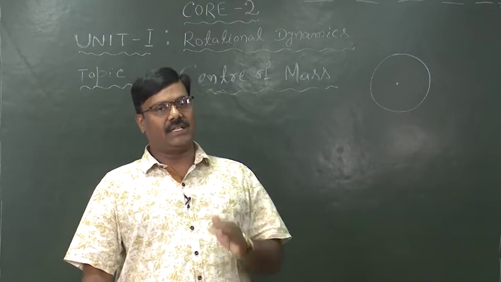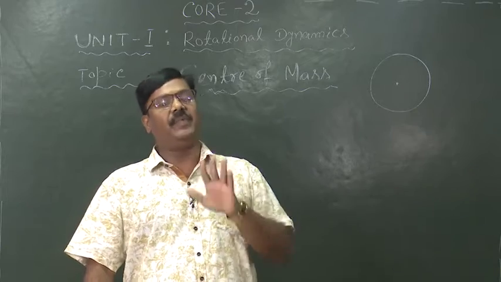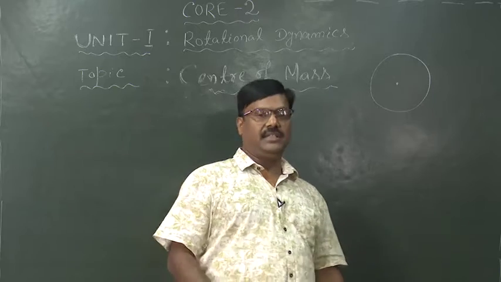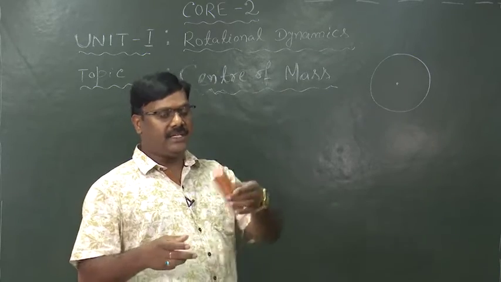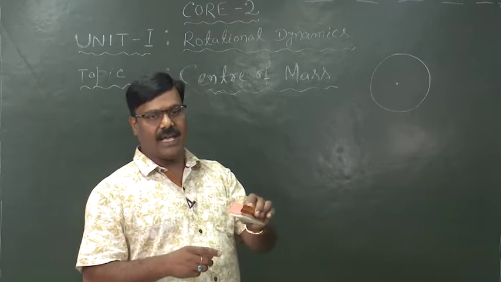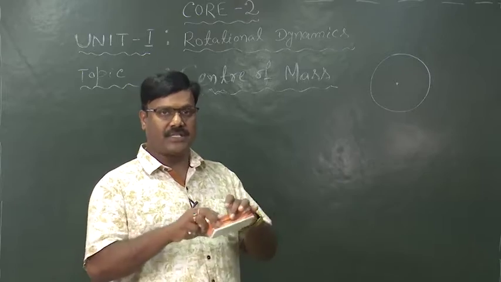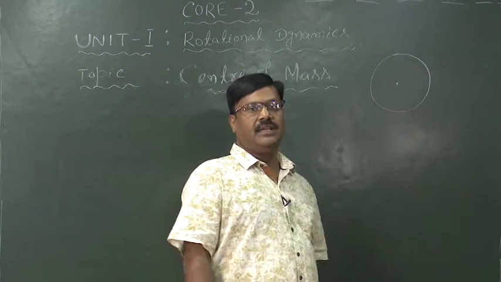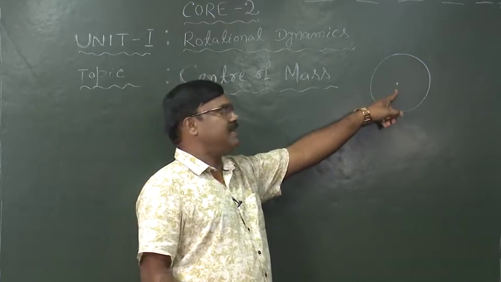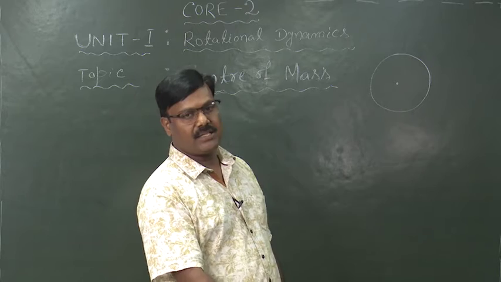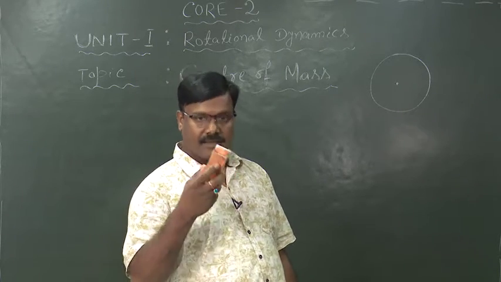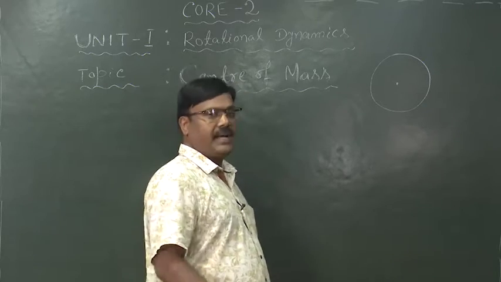That is why the center of mass of a body may or may not lie within the body. If we take the case of a duster, it has its mass and its center of mass lies within the body. But in case of a circular ring, the center of mass lies outside the ring and there is physically no mass present at the center of mass, whereas in a duster, mass is present at the center of mass.